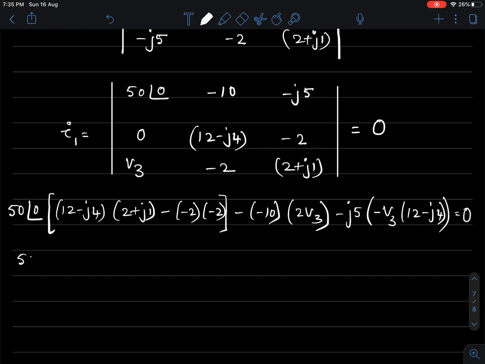This comes out to be 50 at an angle 0 into, I will do the simplification. If you multiply, this is 24, then minus 12 into 2 is 24 minus J12, minus 8J, minus of minus into this is J square into 4J square.